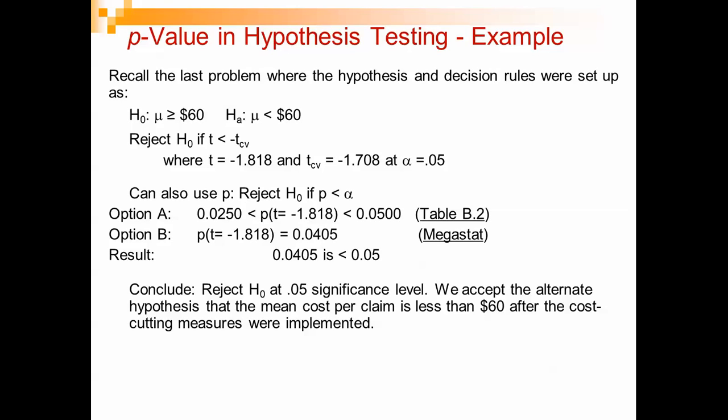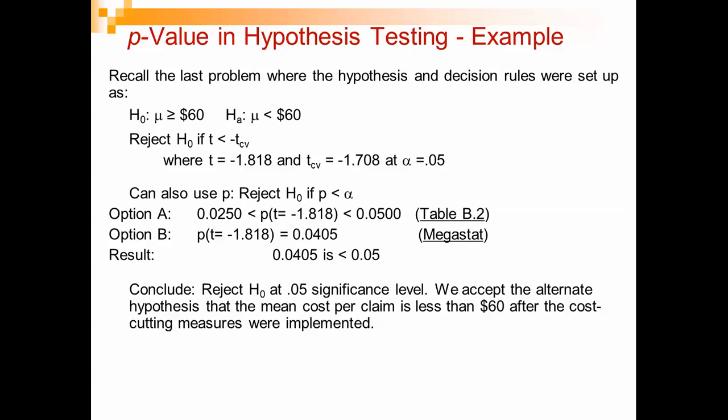We reject if the t statistic is less than the negative t critical value, where the test statistic was negative 1.818 and the t critical value was negative 1.708 at an alpha level of 0.05. We can also use the p-value: we reject the null hypothesis if the p is less than the significance level, or the p is low, the null must go.